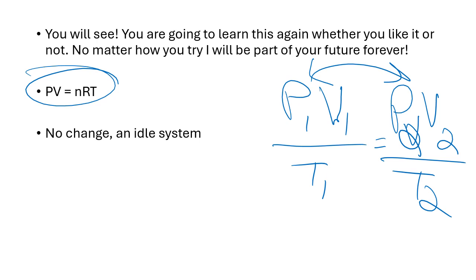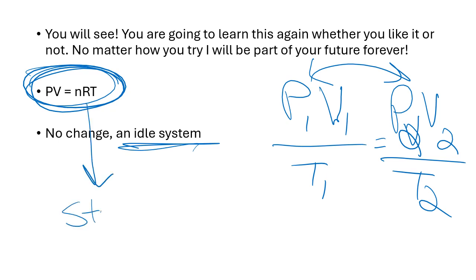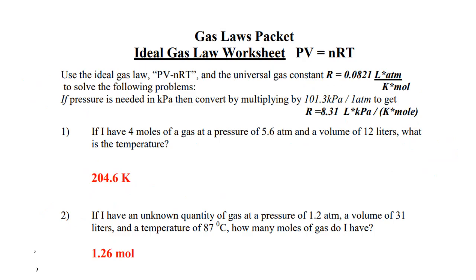But if it's an idle system, meaning there's no change, we use PV equals nRT. Pressure, volume, n is number of moles, R is going to be a standard that we're going to see, and T is temperature.